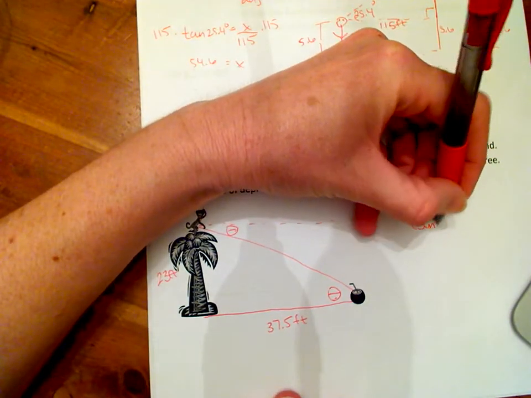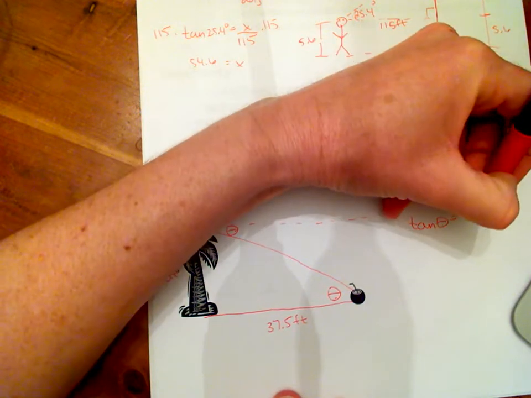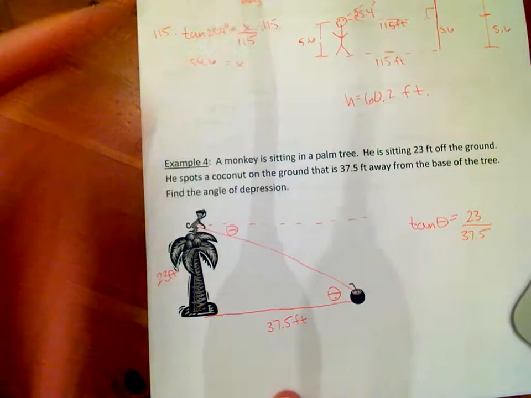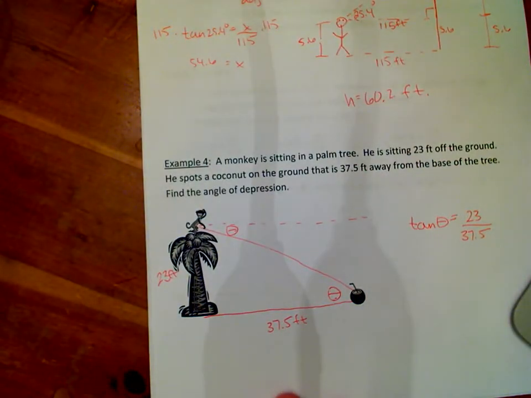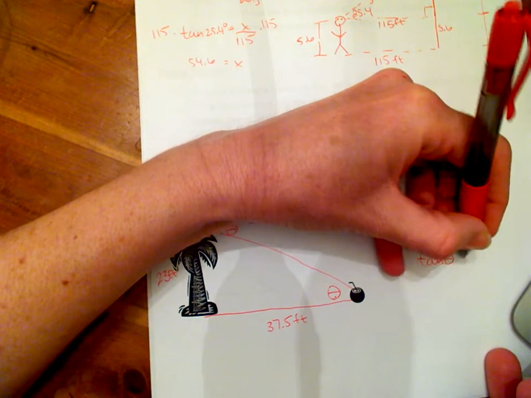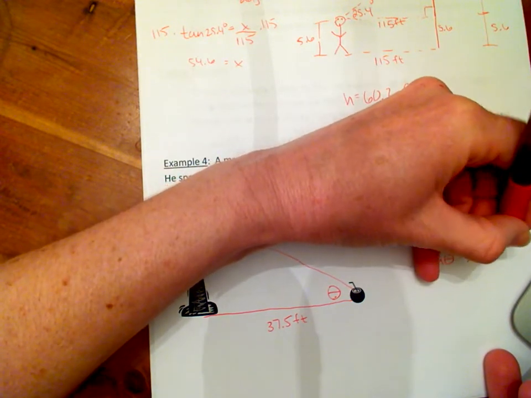We have an opposite side and an adjacent side, so this is going to be a tangent problem. The tangent of my angle is going to equal the opposite side over the adjacent side. This is similar to the second example we did in class yesterday. We're going to need to divide this fraction. So 23 divided by 37.5 is going to give us a decimal value of about 0.6133.